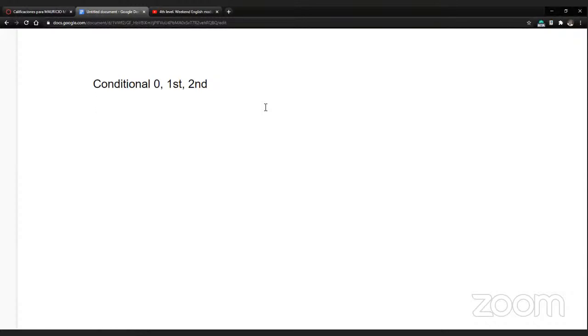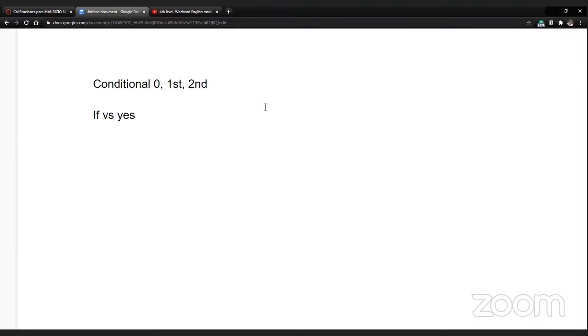From the previous class, we understood the difference between the words if and yes. The word if we use mainly for conditionals, and the word yes is for affirmations. Okay? If for conditional, yes for affirmation.